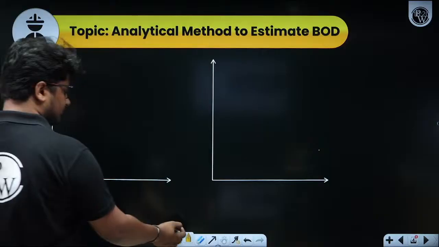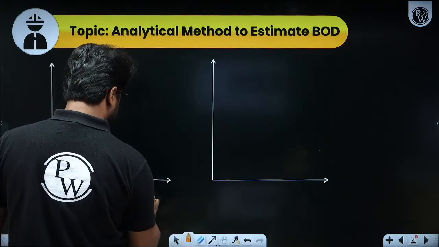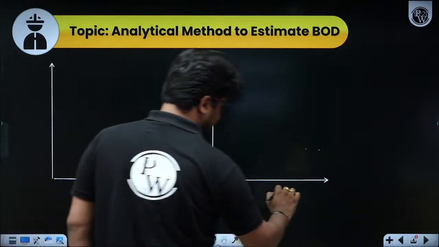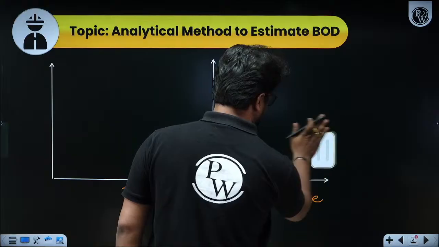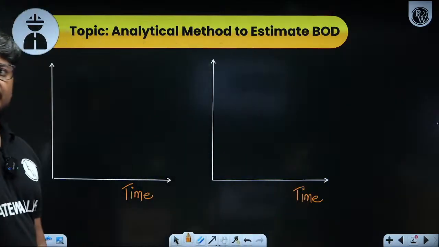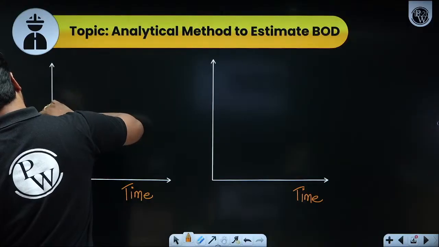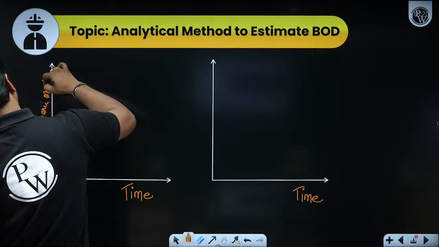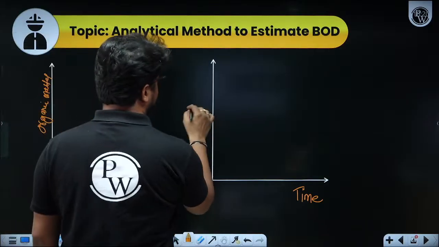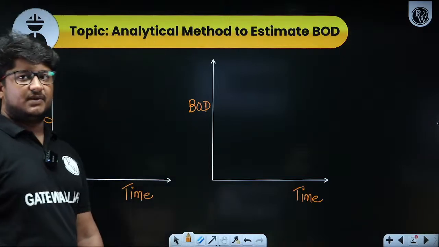In this diagram, on the x-axis you have time. Here you have organic matter, and here you have BOD, oxygen demand.